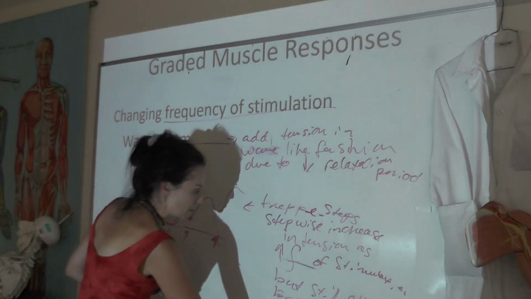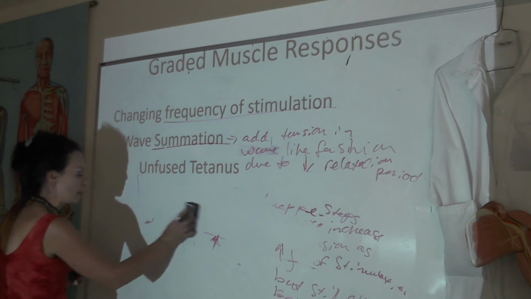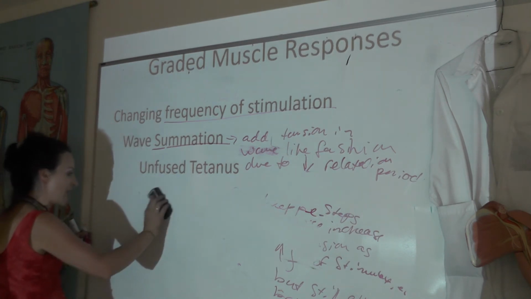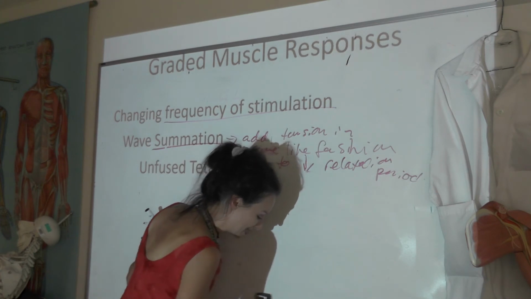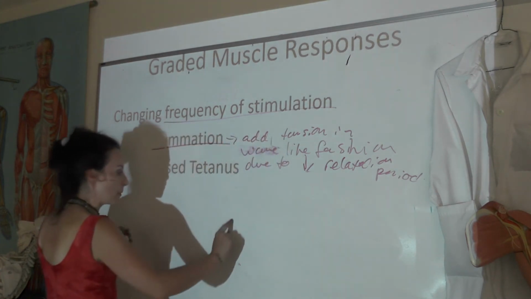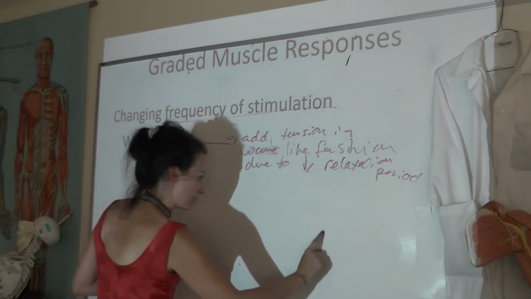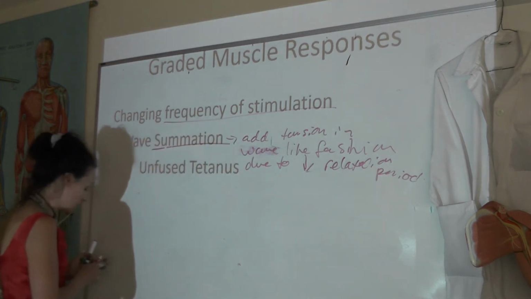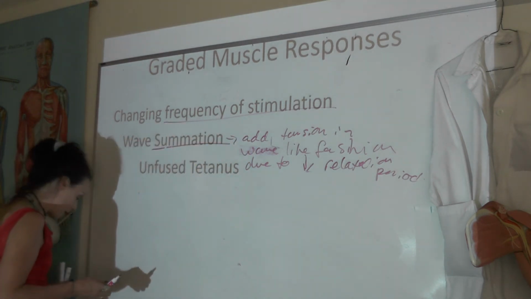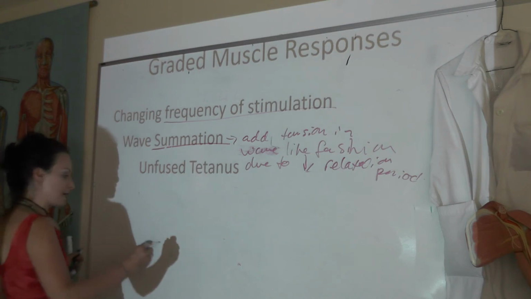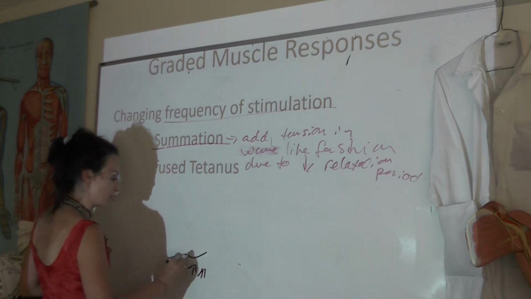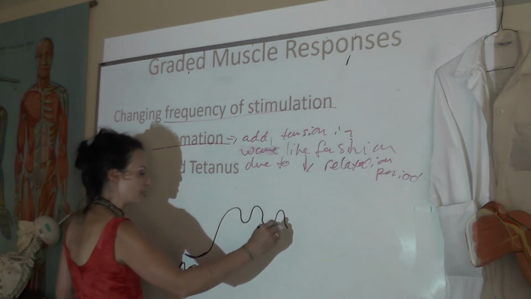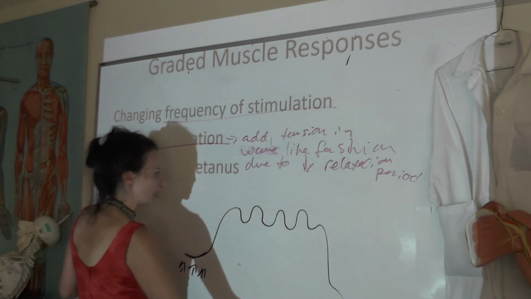Okay, the next thing that we'll see is what's called unfused tetanus. Ultimately, what we're trying to get to is a tetanic contraction, where we can fuse our tension and maintain some tension to do some specific activity. But in unfused tetanus, you increase your frequency of stimulation so much that you'll develop tension, but you won't quite fuse it into a wave.